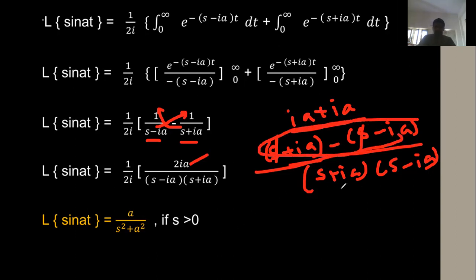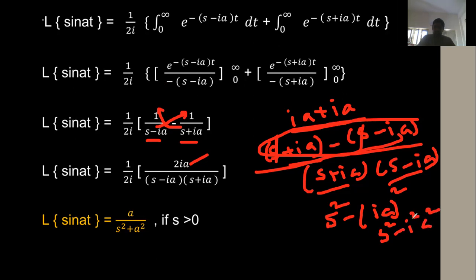In the denominator, it is of the form a plus b into a minus b, so it is a square minus b square. Here a value is s, and b value is ia. So a square minus b square gives s square minus i square into a square.